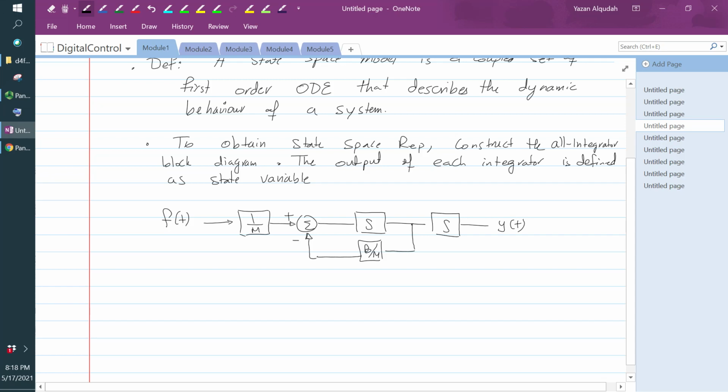So this is the all integrator block diagram. What we're going to do is come to each integrator and each integrator output.